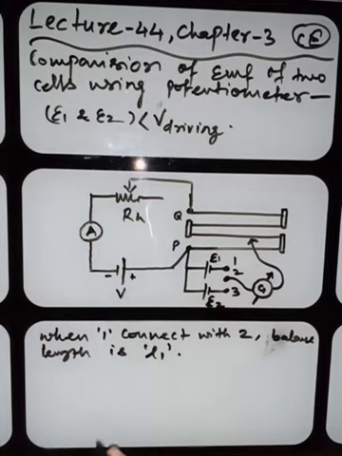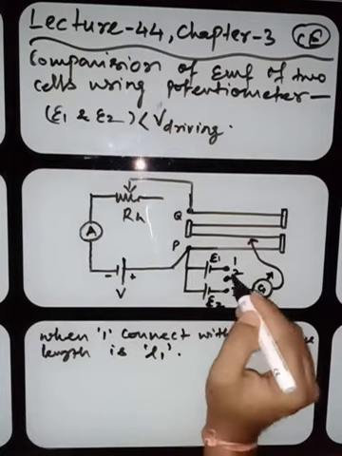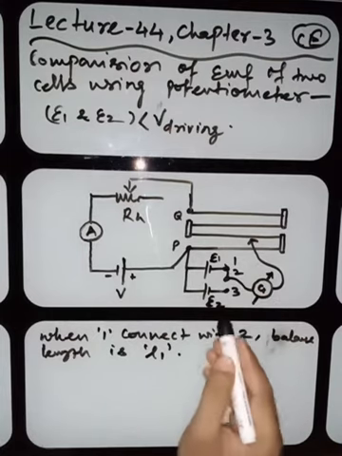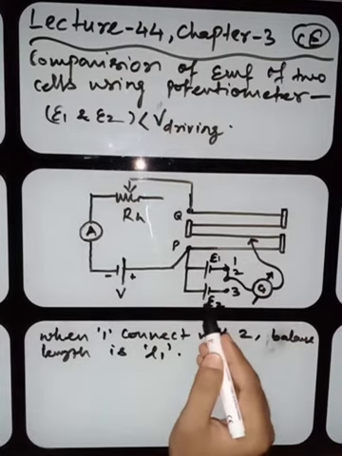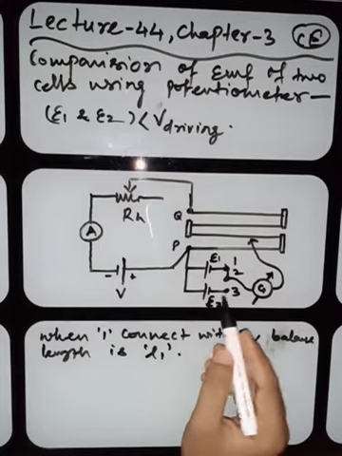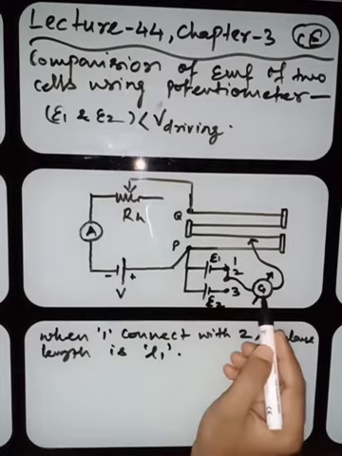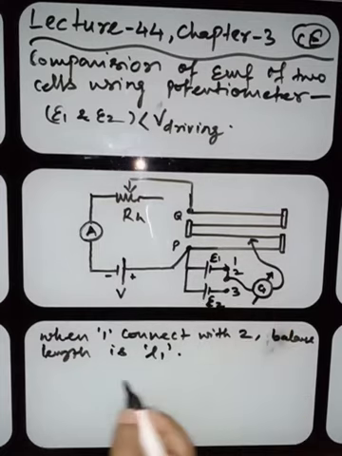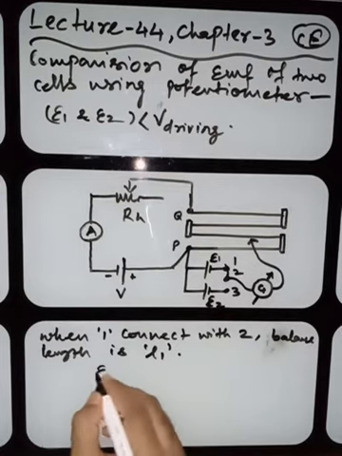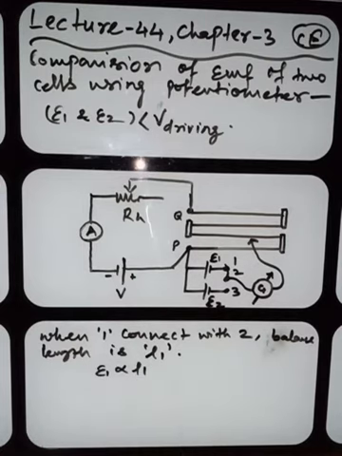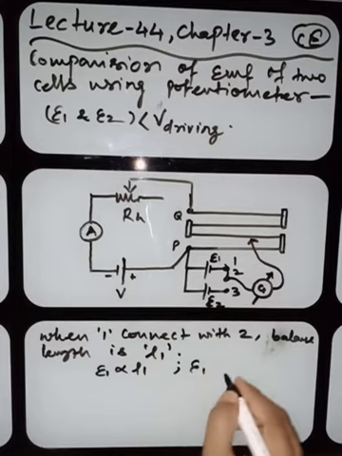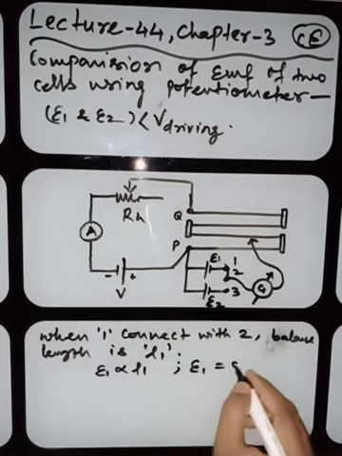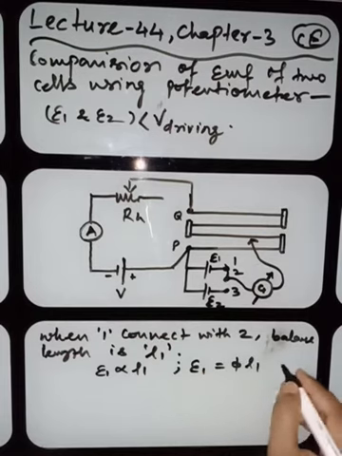What will happen? If 1 connects with 2, you can see clearly E2 is out of the circuit, and as the balance length is obtained, we will have E1 directly proportional to L1, or E1 equals phi L1.